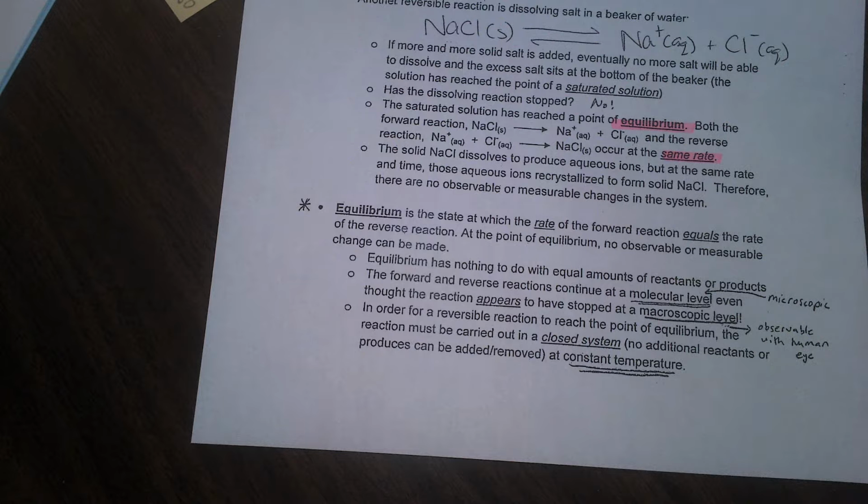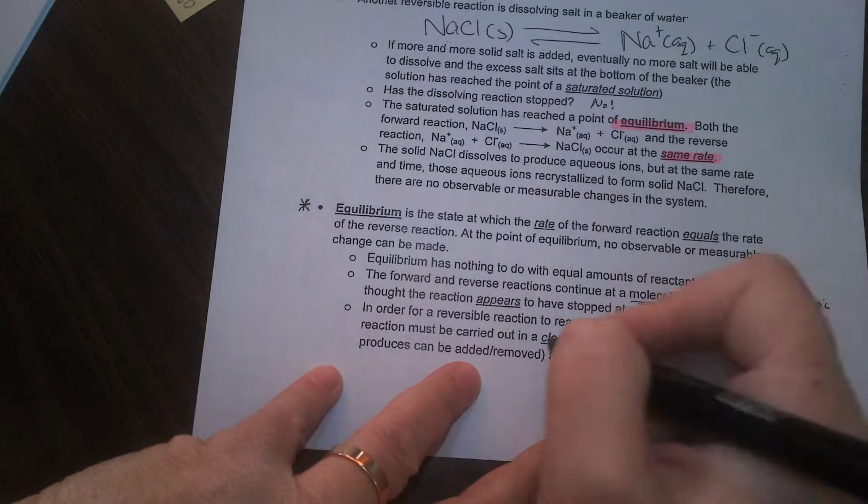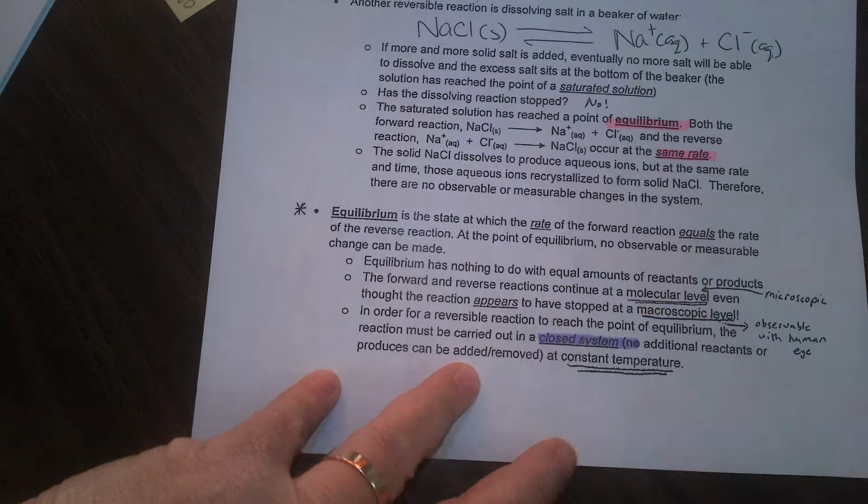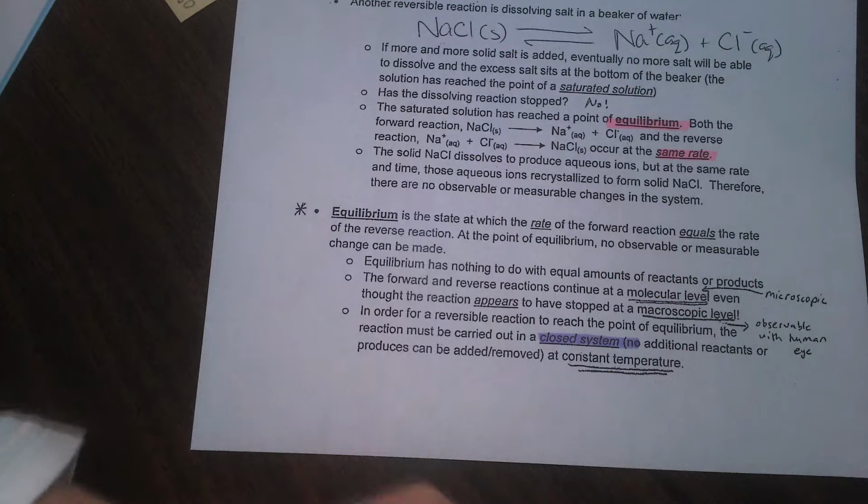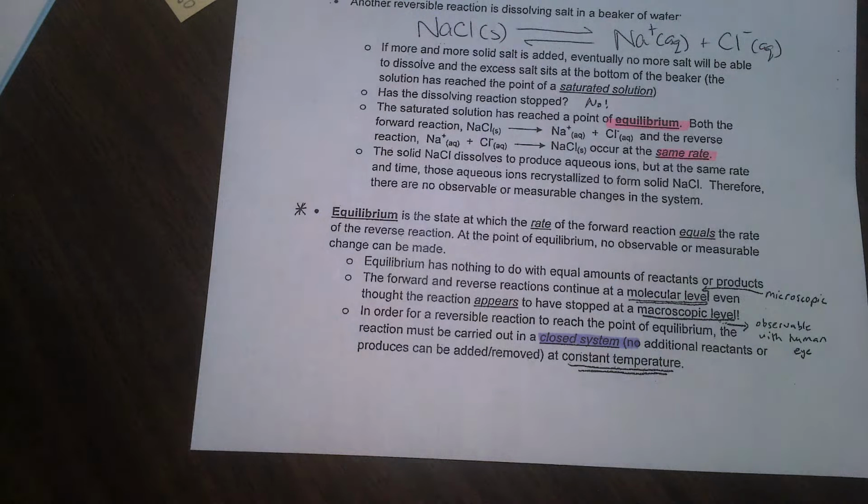If it looks like the reaction has stopped, what we can physically see, we call that at a macroscopic level. So microscopic we can't see, macroscopic we can see. Okay? And then this piece here is crucial. It has to happen in a closed system, which means that reactants aren't being added and products aren't being taken out.